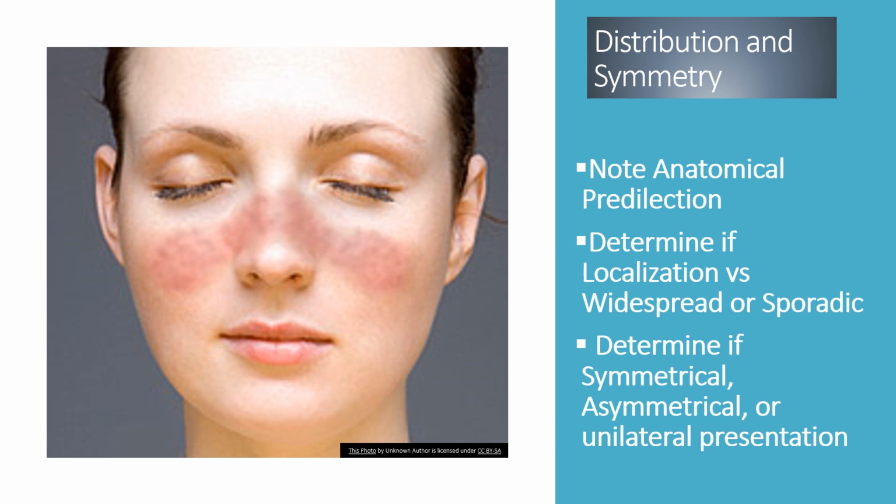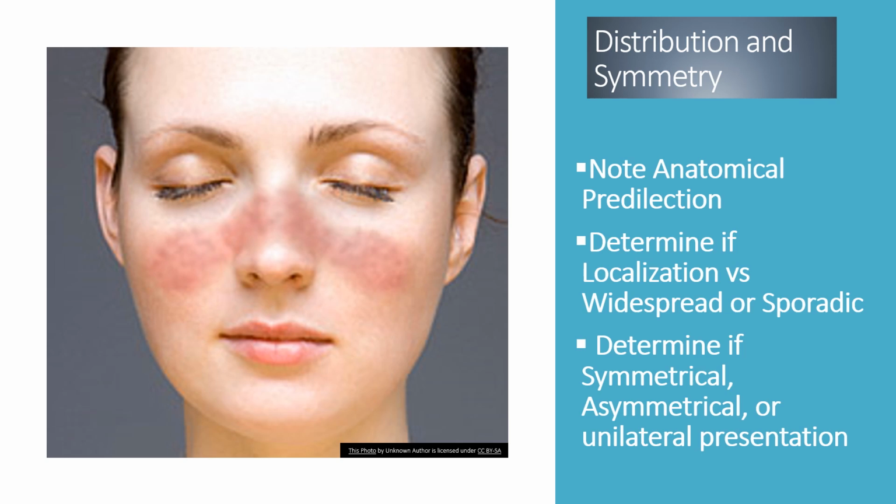Distribution and symmetry. Distribution and symmetry is the next important tool in diagnosing skin lesions. Note any anatomical predilection. Determine if lesion is localized, widespread, or sporadic.